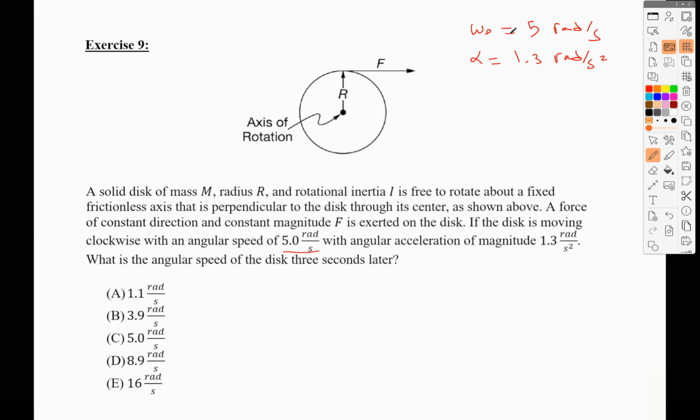Notice that both are considered in the clockwise direction. What is the angular speed omega after 3 seconds? We're going to use alpha t plus omega 0, which is 1.3 multiplied by 3 plus 5. Now plugging that on the calculator, we would have a value given by 8.9 radians per second, making D the correct answer.